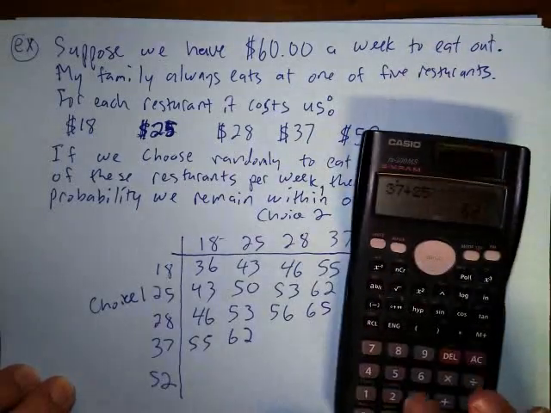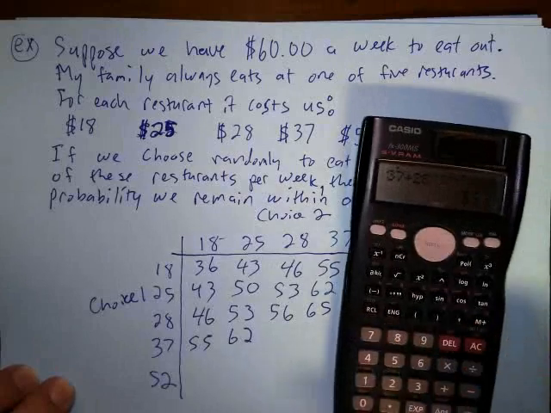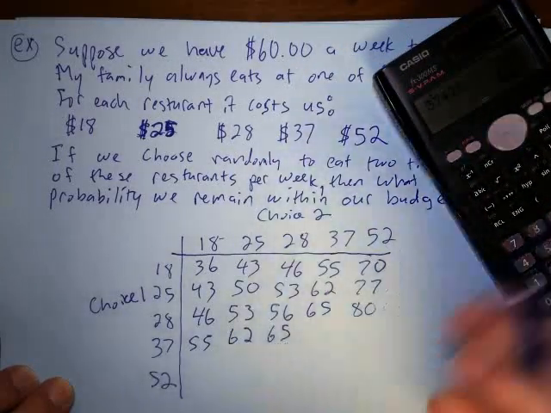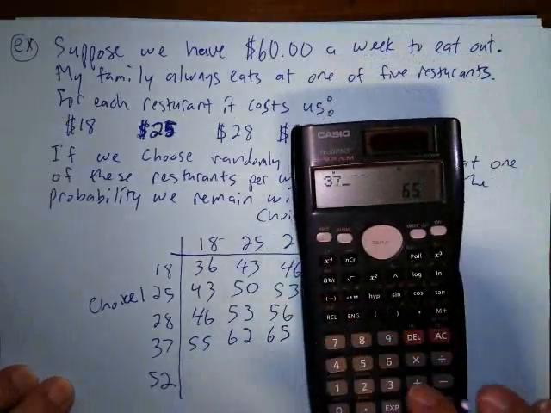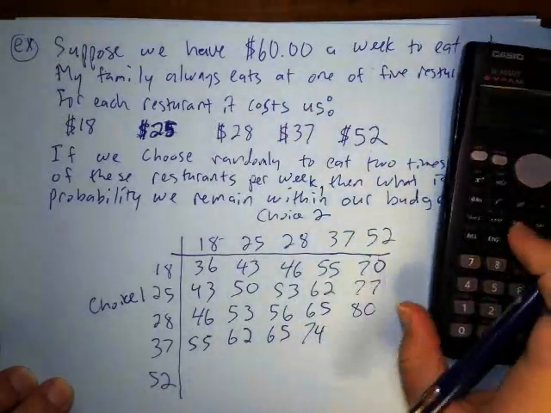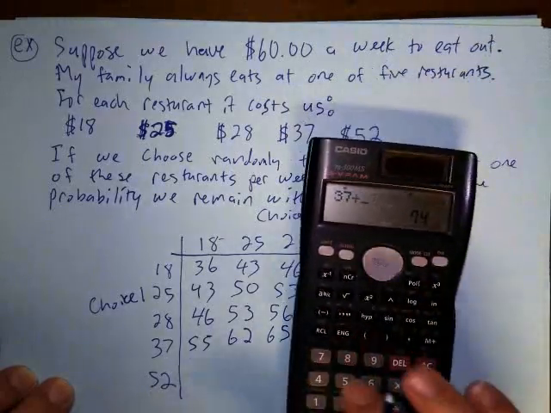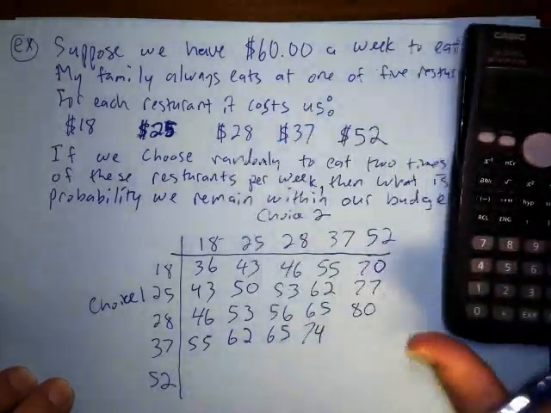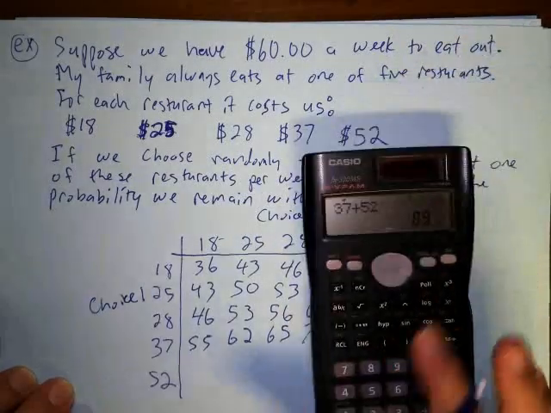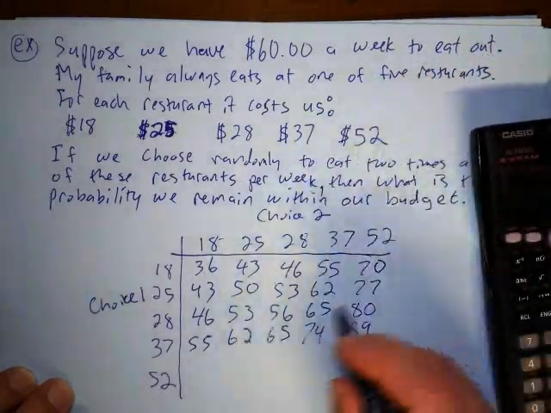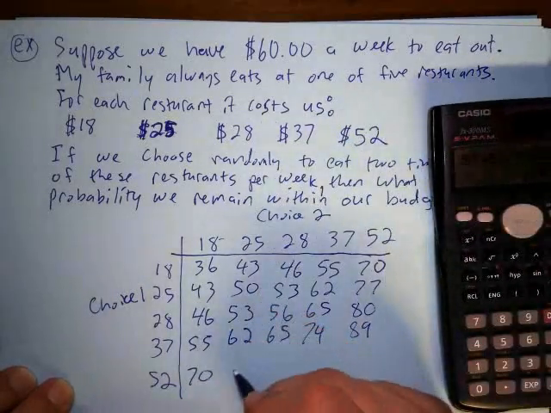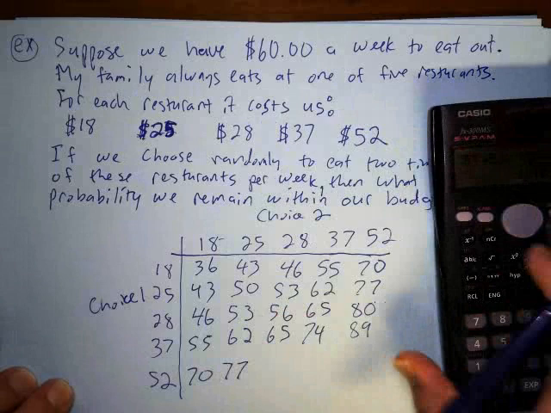And then 37 plus 28 is 65. 37 plus 37 would be 74. And then 37 plus 52 would be 89. And then 18 plus 52 would be 70. 25 plus 52 would be 77.